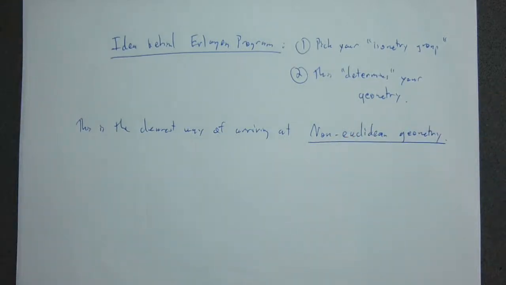But this is not a trivial realization, so non-Euclidean geometry was not known to exist until the 1800s.